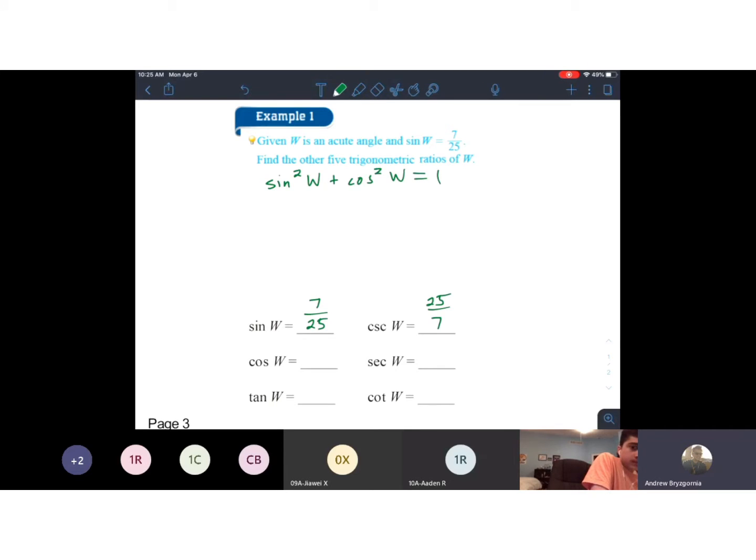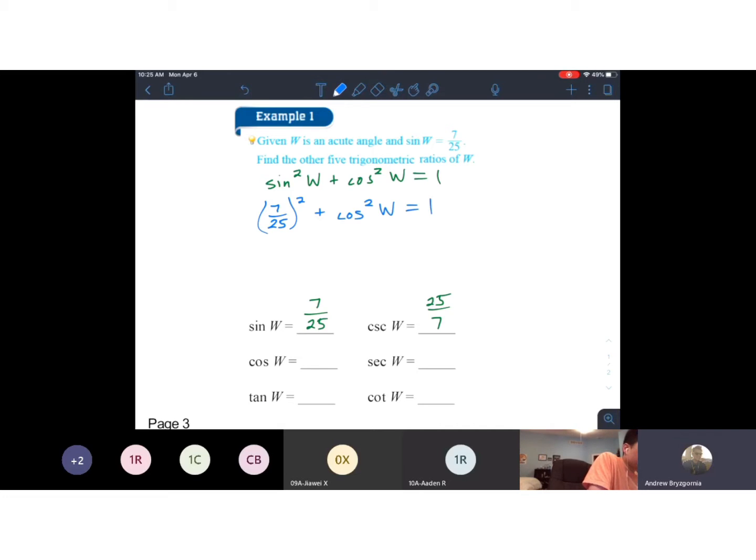So that is the equation that we have. I'm going to make this substitution then. And then all we're doing is we're just going to solve for cosine.